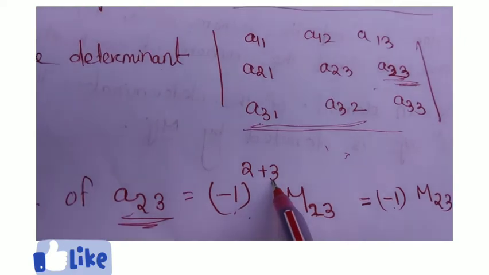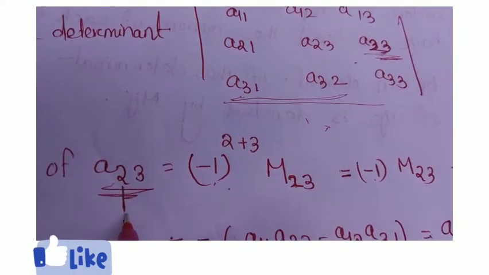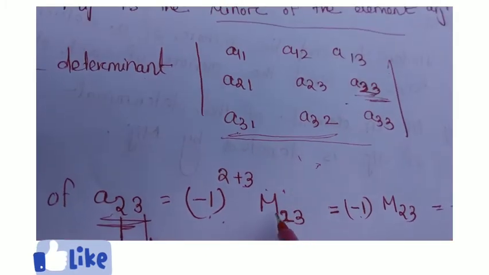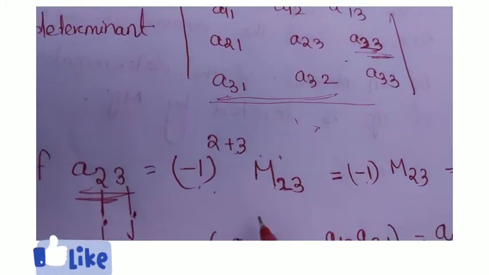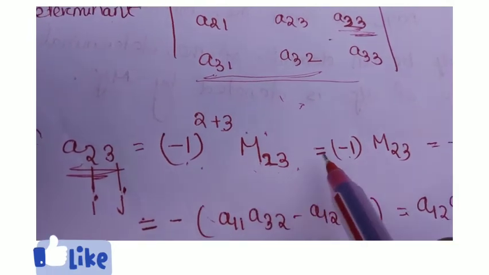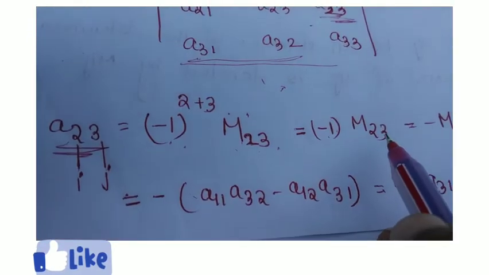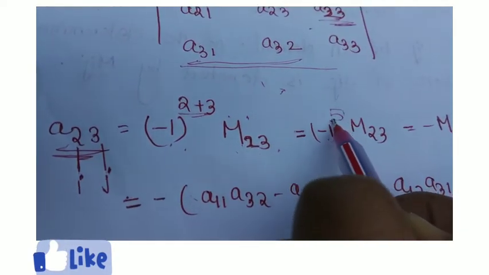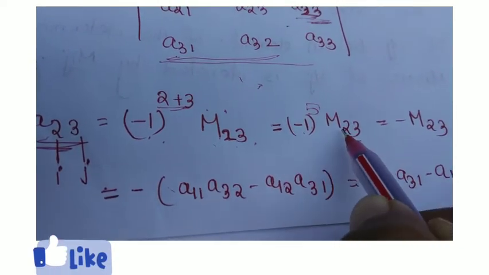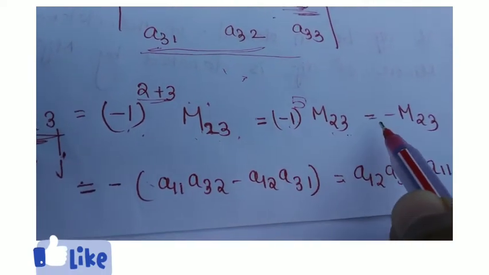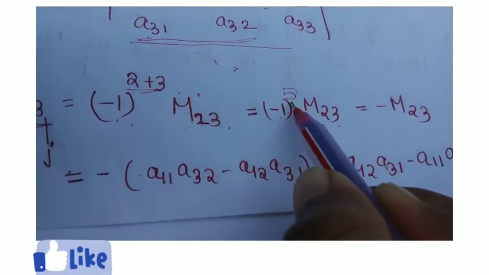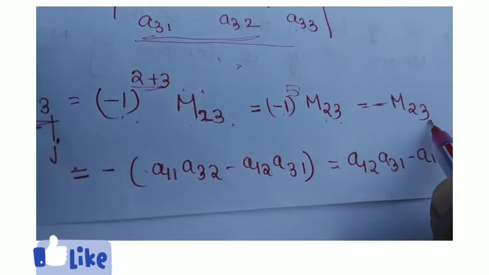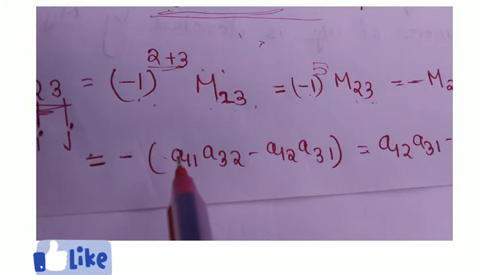Here i is 2 and j is 3. So minus 1 to the power 2 plus 3, that is 5, into m23, is equal to minus m23. We can solve m23.